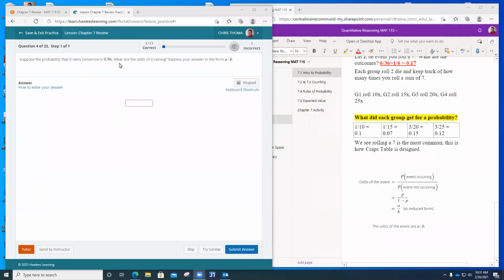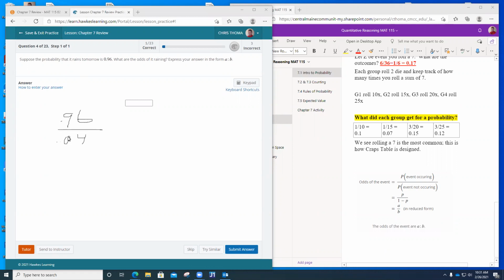Okay, so for this one, remember our odds formula. We have that in our OneNote under 7.1. The odds of the event is the probability of the event occurring over its complement, not occurring. So this becomes 0.96 over 0.04, because to find a complement, you do 1 minus. So 1 minus 0.96 is 0.04.